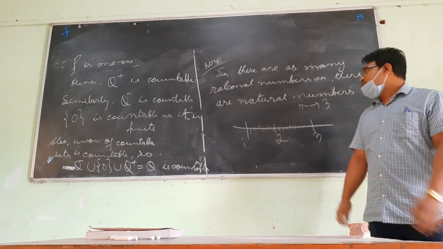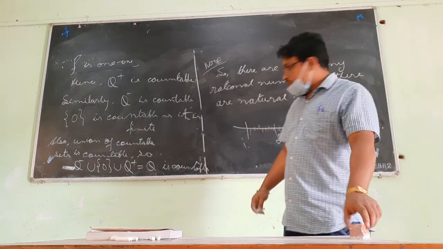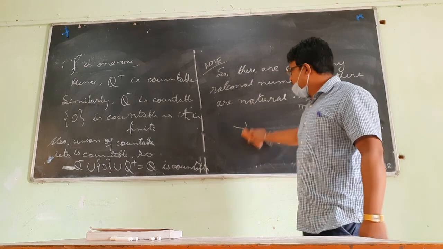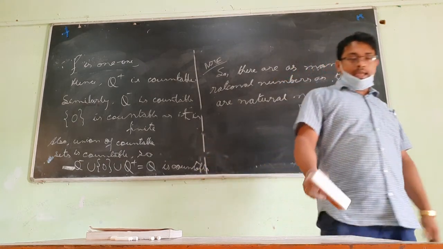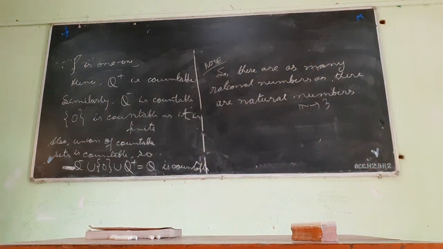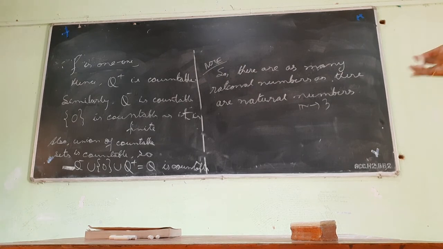So all these things were discussed by Georg Cantor, and naturally, as you are surprised now, the mathematicians of that time were also surprised. They did not believe Cantor. Nobody believed him, just like you are not believing me now.